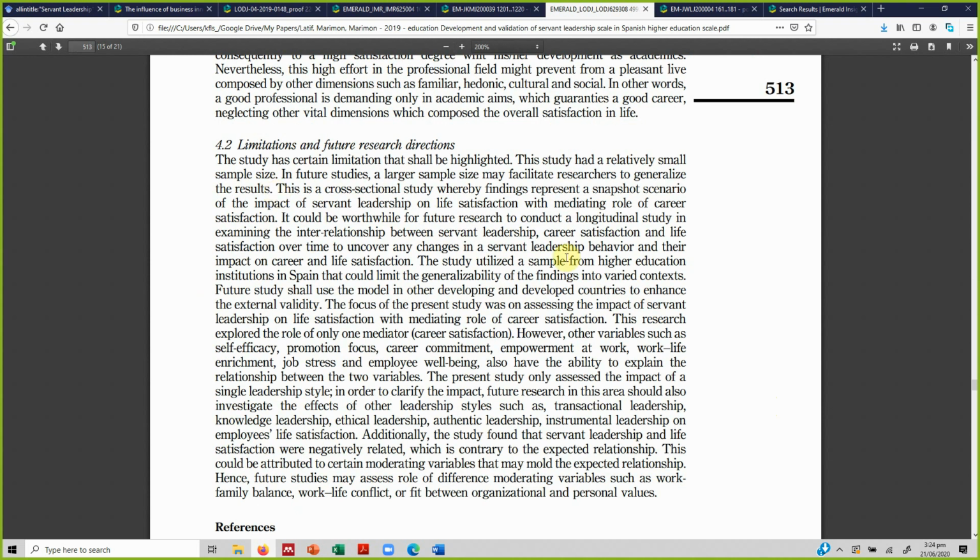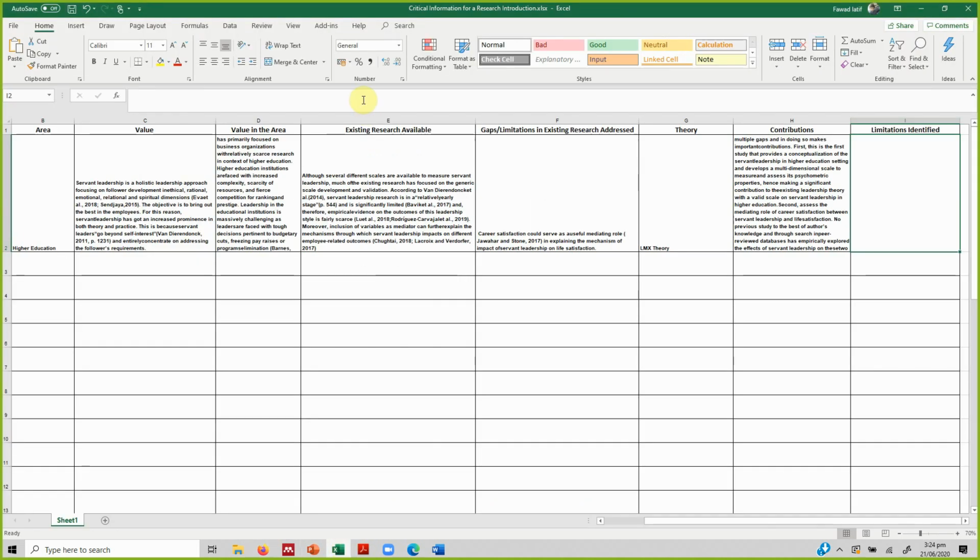Look into the limitations that you think you can work on or will work on. For instance, in this case, let's say we are interested in adding new variables, because they also recommended taking other leadership styles and evaluating their impact on career satisfaction and life satisfaction, or doing a comparative study. So this is one paper done.